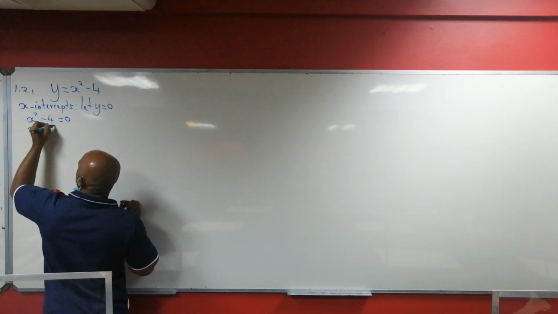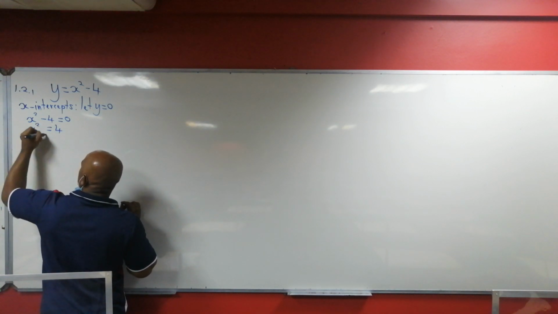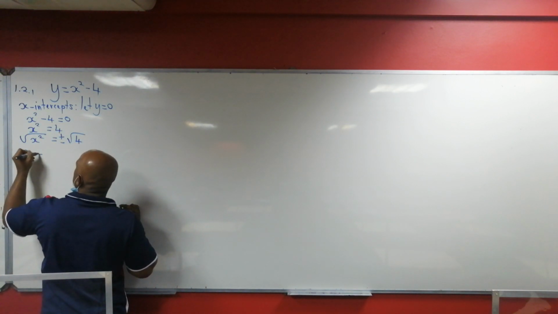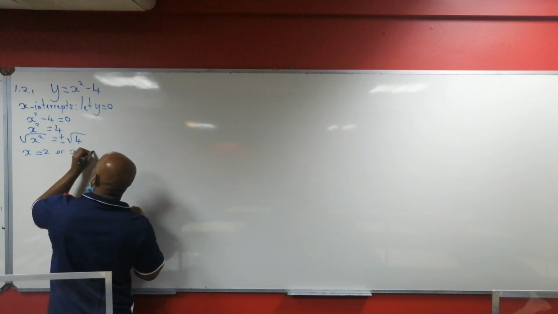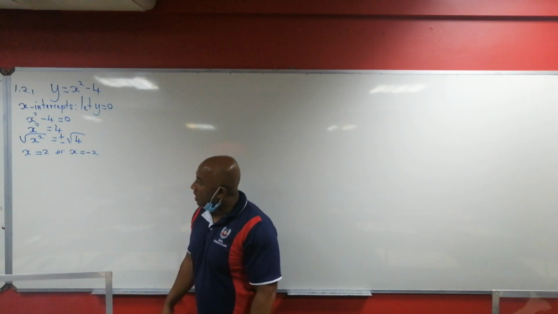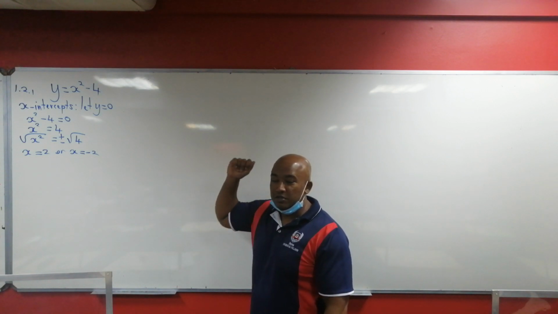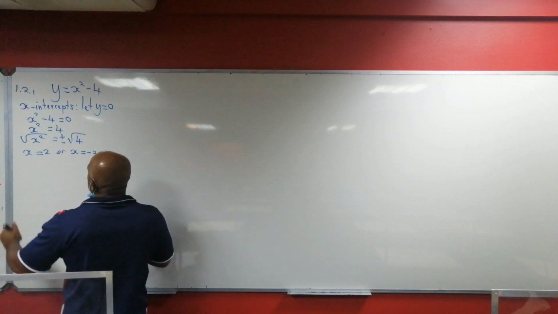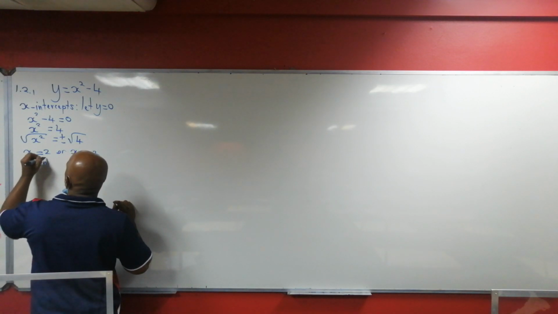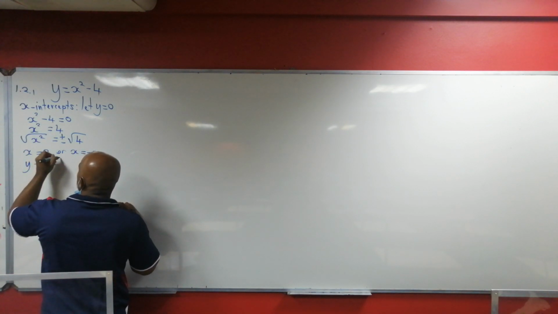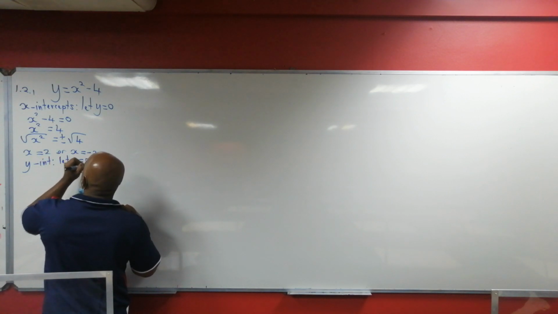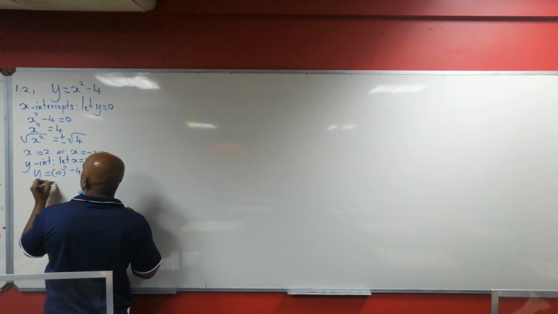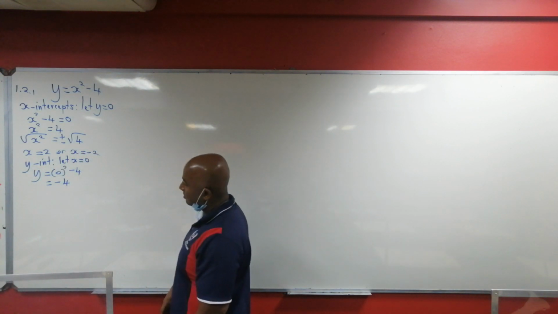Therefore x squared is equal to 4, so I need to find the square root of both sides. That means x is equal to 2 or x is equal to negative 2. Why? Because 2 squared is 4, negative 2 squared is also 4. There are two solutions here. Then for the y-intercept, which you don't even have to work out, you let x equal to 0. So y is equal to 0 squared minus 4, which is minus 4.